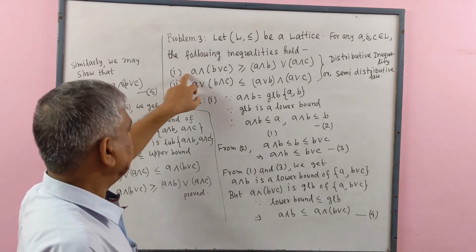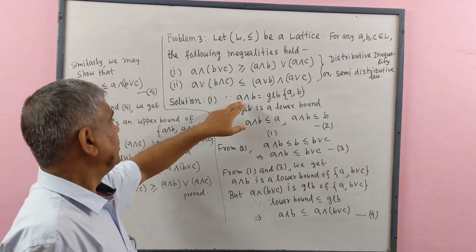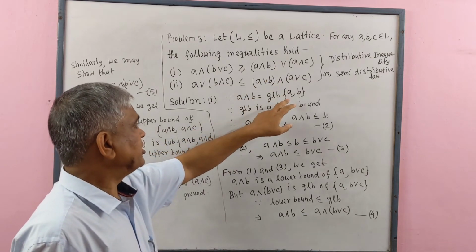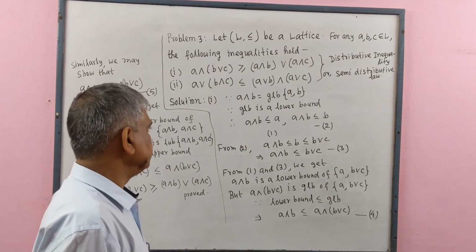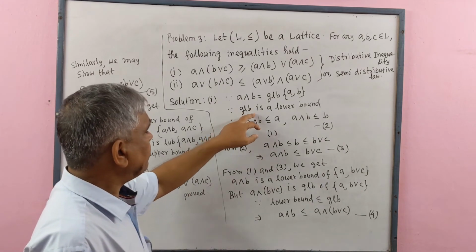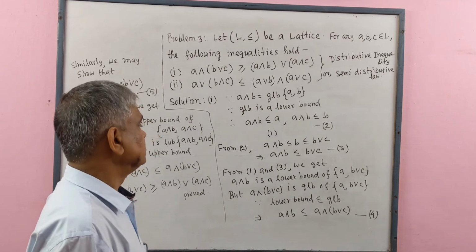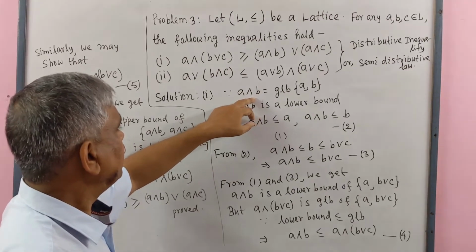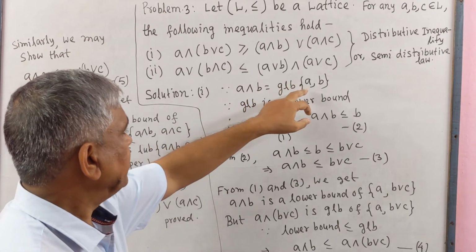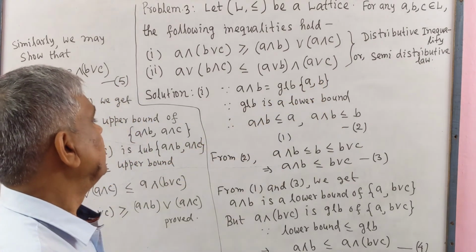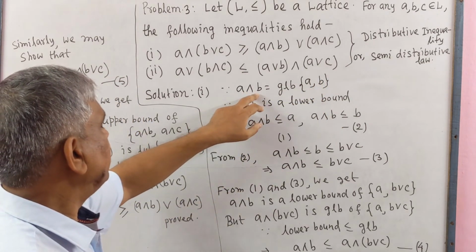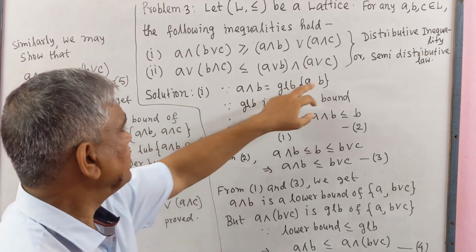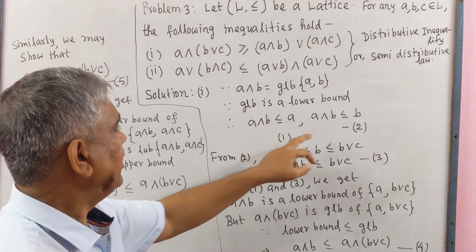Firstly, we prove number 1. Since A ∧ B is the greatest lower bound of the set containing elements A and B, and the greatest lower bound is a lower bound, A ∧ B is a lower bound of the set containing elements A and B. So A ∧ B ≤ A, which is number 1, and A ∧ B ≤ B, which is number 2.